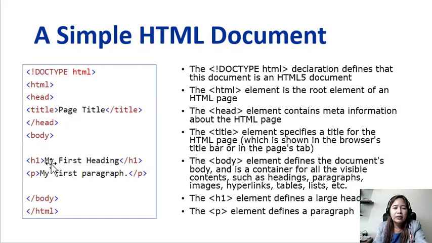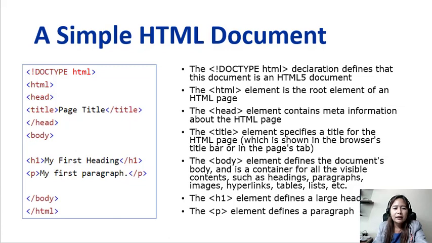Inside it is your heading and then your paragraph. Some of these tags will be explained further later. Just try to understand what is inside here and what will happen when you run this in the browser.